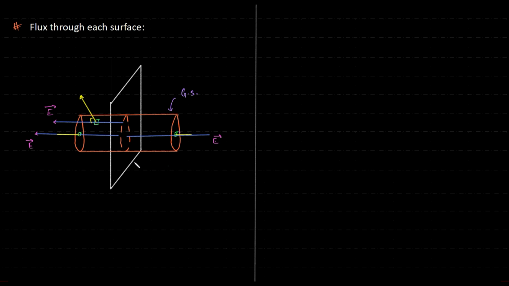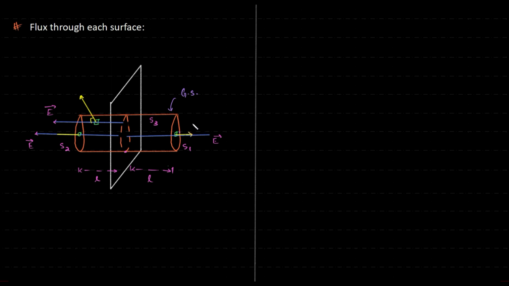And these are placed in such a way that this is the center and this length will be L by 2. Or if I take this entire length as 2L, this will be L and this will be L. And this is your surface 1, surface 2, and the curved surface area, surface 3.